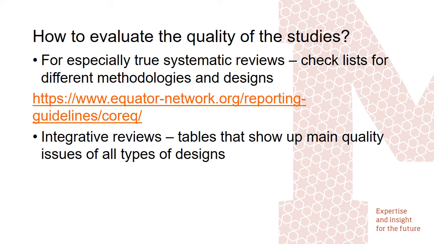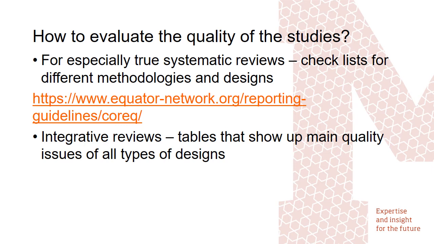Now let's go back to the quality assessment. There are different types of checklists for assessing studies with different types of methodologies and designs, and note that you can't assess the quality of the selected studies all with the same kind of criteria.